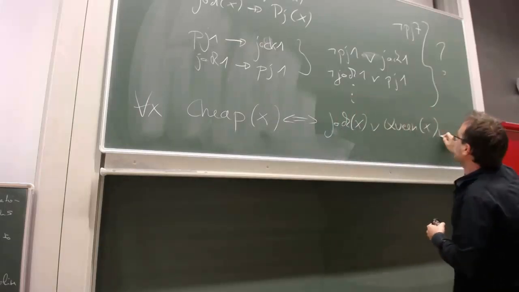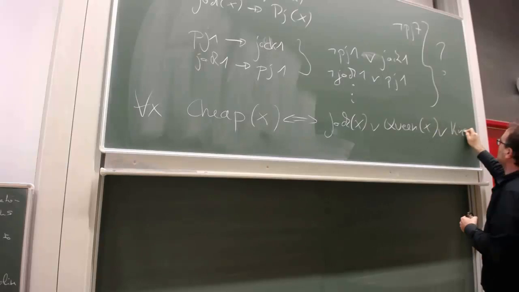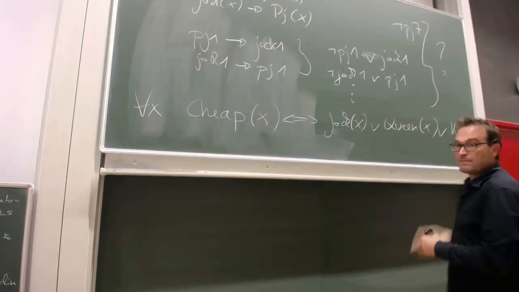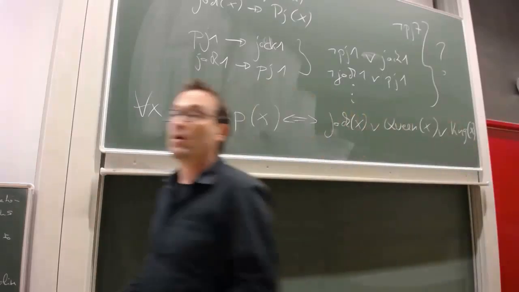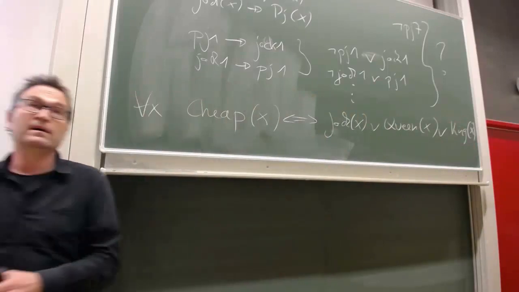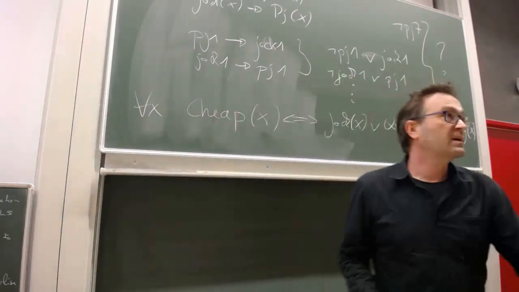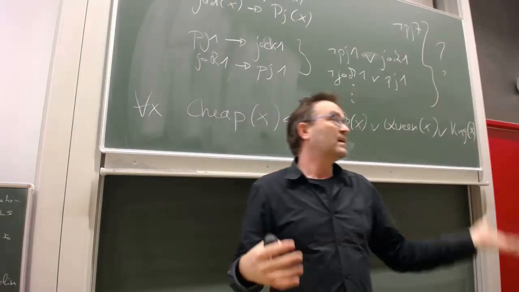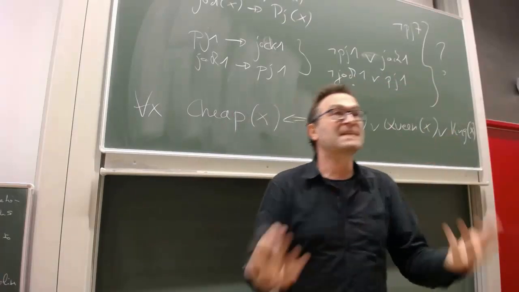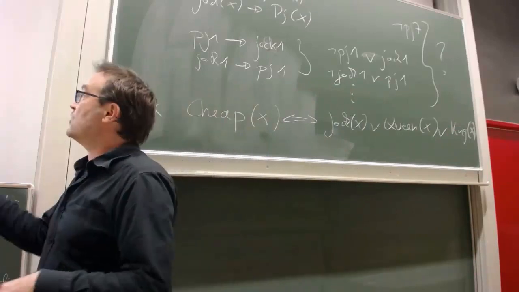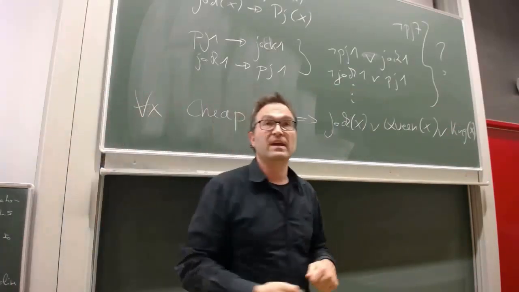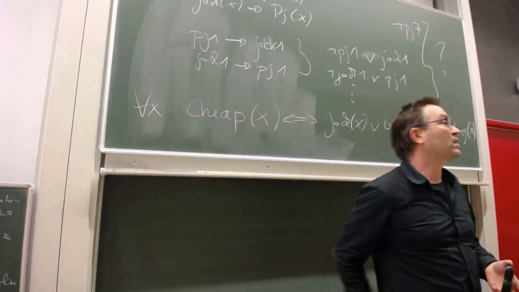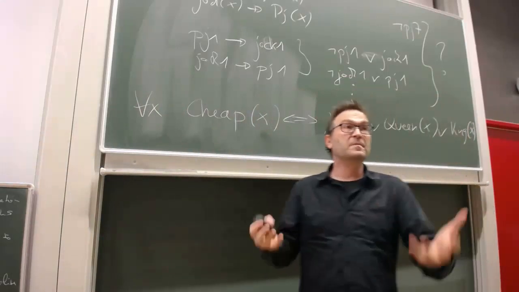So I define once and for all what I mean by cheap. And I might have more of those, high or cheap or expensive and so forth. And in this way, you can model your strategy on a more conceptual level without going down to this nitty-gritty detail of your representation.